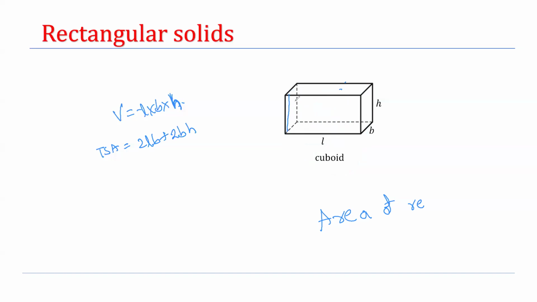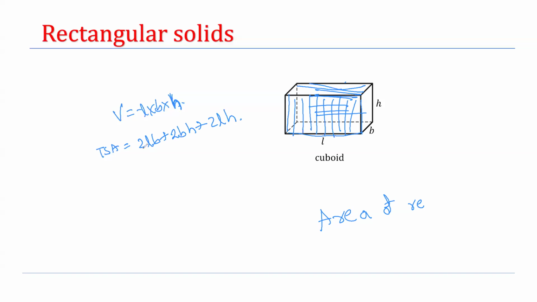Yes, this surface. This is length and this is height. There are two surfaces like this, right? Back side also there is one more. Yes, sir. So that will be 2 into length into height. Agree?